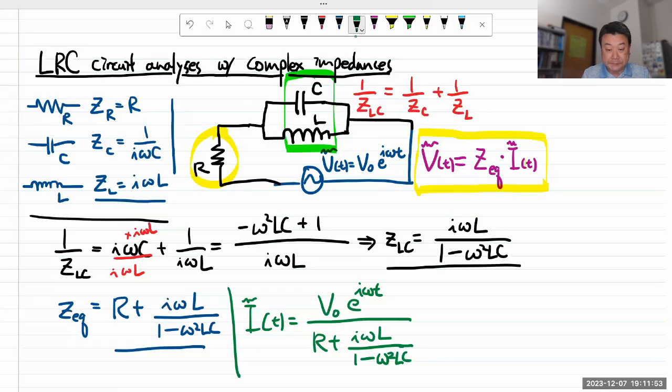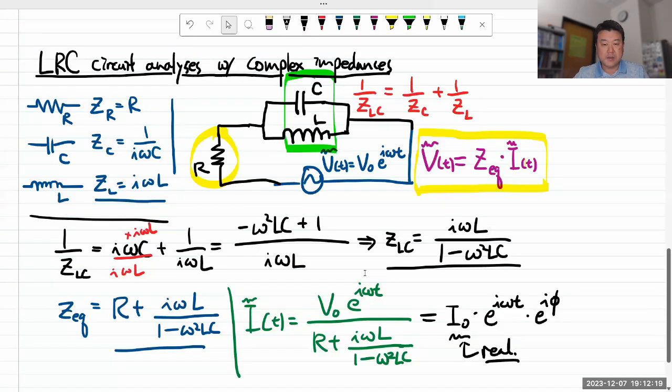All right. So let's imagine we are interested in the amplitude of the current. So we are imagining rewriting this into this form, where this is equal to some I naught times e to the I omega t times potentially a phase factor, and we'll say this is going to be the real quantity.